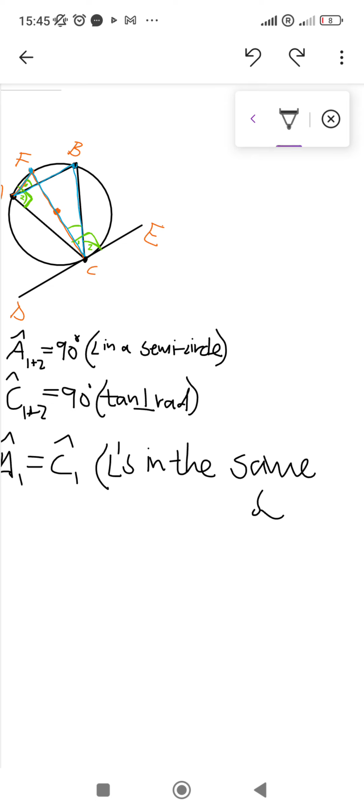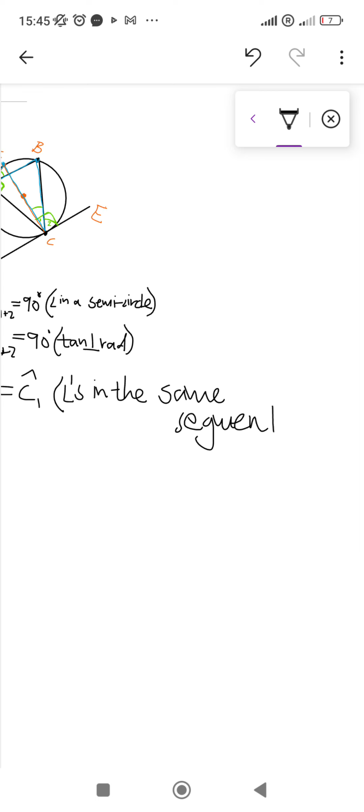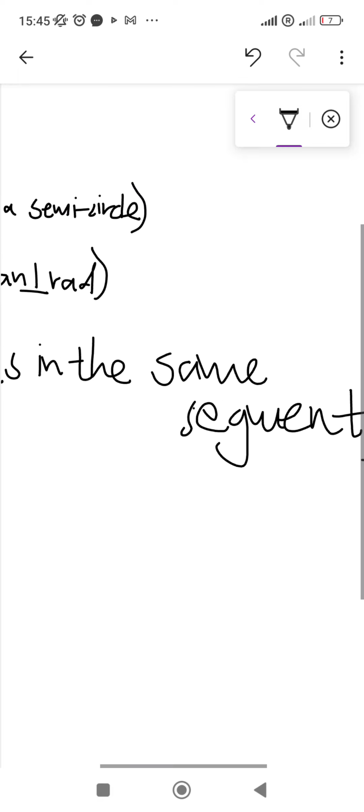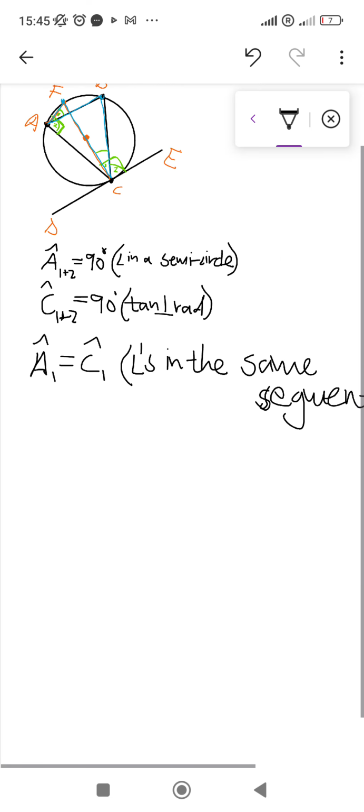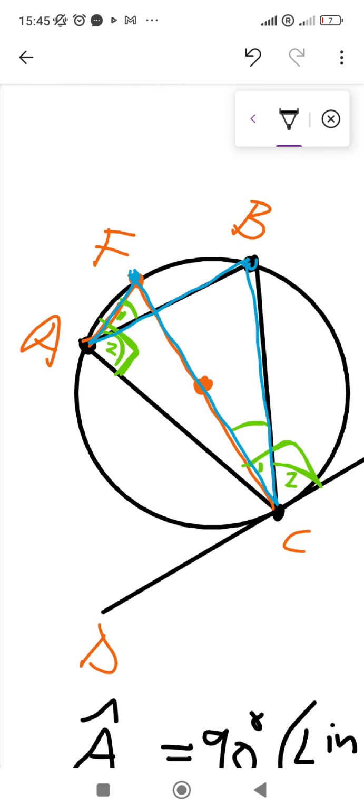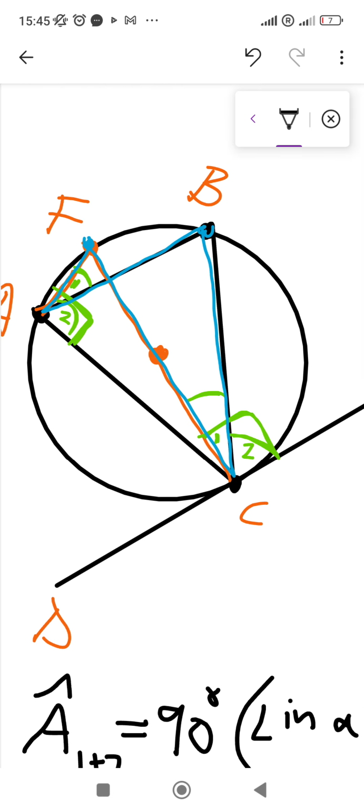That word is segment. Angles in the same segment. Okay, so what we're saying is this. Let's go look back at the picture again. We are saying that this angle over here is equal to this angle over here, of what that thing I've colored in.